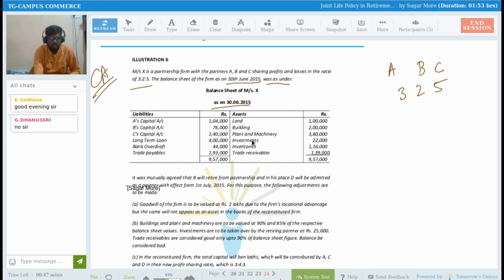Then it was mutually agreed that B will retire from the partnership and in his place D will be admitted as a partner with effect from 1st of July 2015. Right? Please understand here.